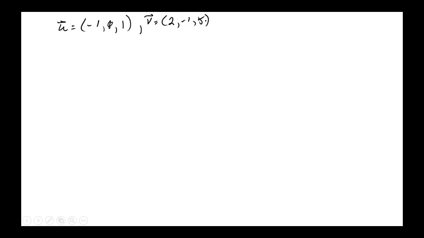Both of these are elements of R3, 3 space. It says find each of the following. A, find u plus v. What would that be?